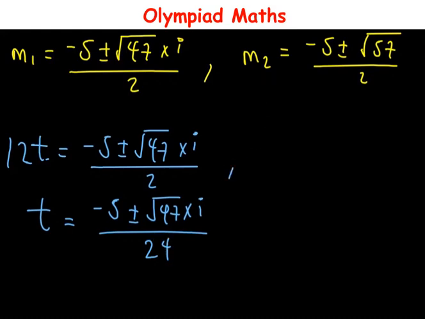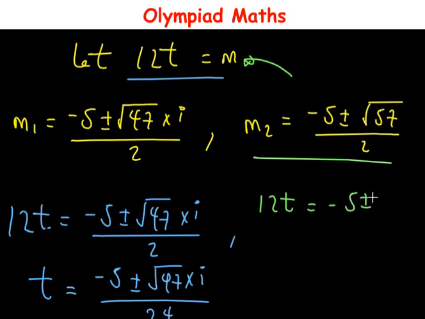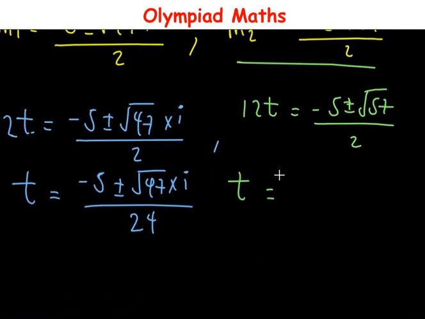And for m2, we have 12t equal to minus 5 plus or minus root 57 over 2. So the solution for t will be minus 5 plus or minus root 57 all over 24.